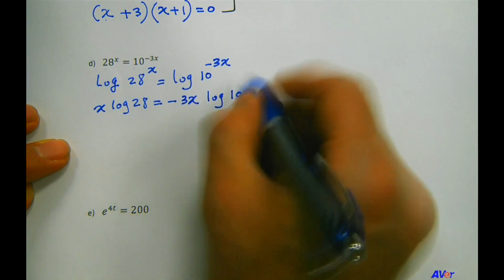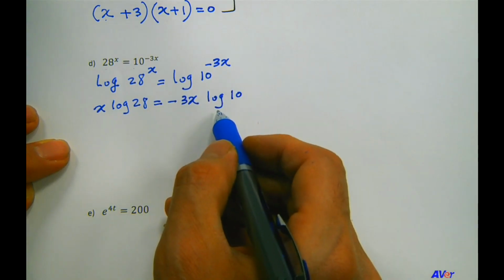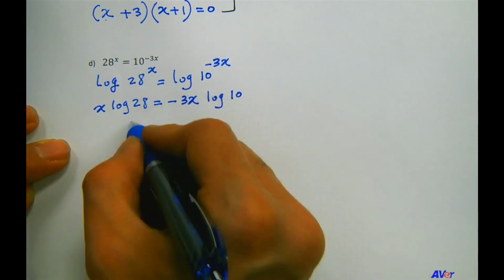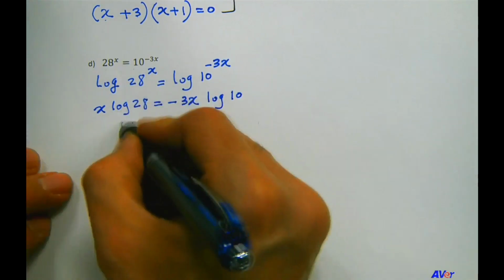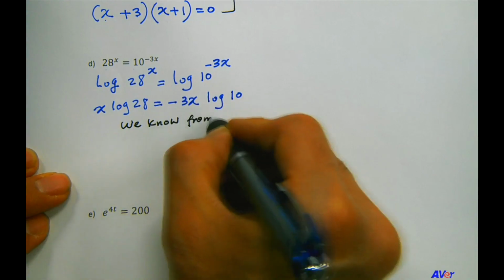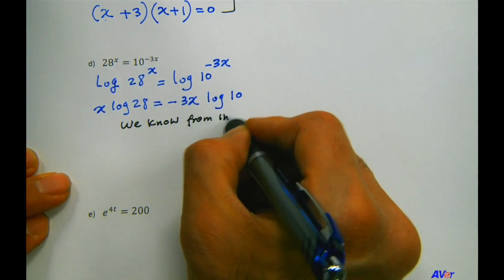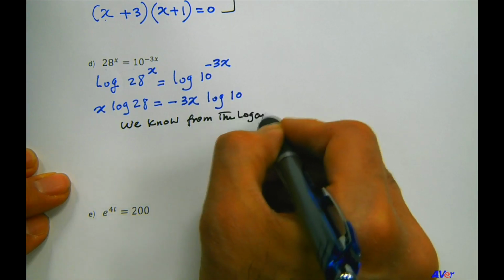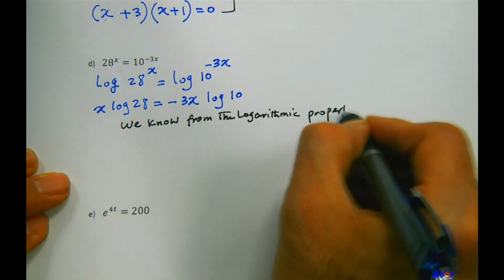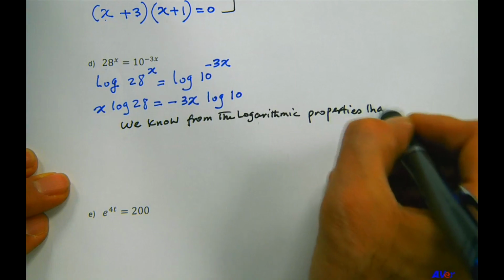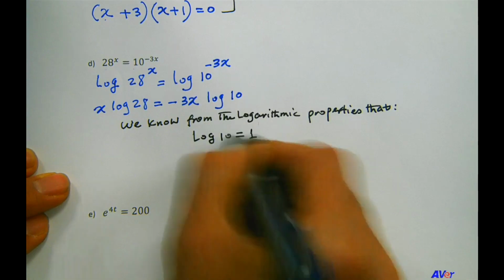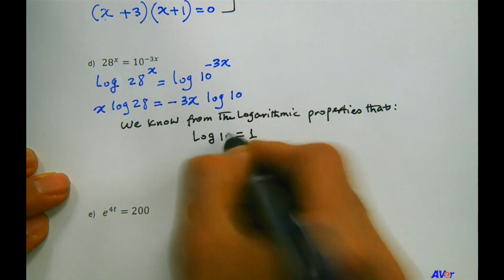Now, one of the properties we introduced in the last video said that log of 10 is equal to 1. So let's write that down. We know from the logarithmic properties that log of 10 equals 1. Right? Log of 10 is equal to 1.